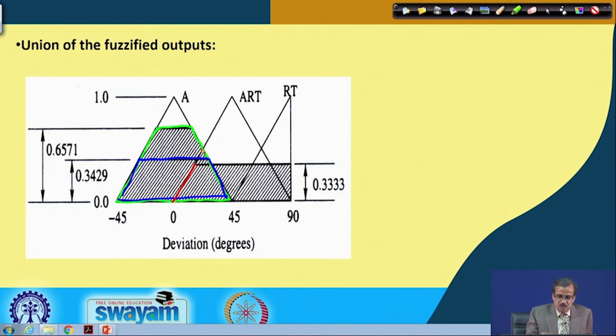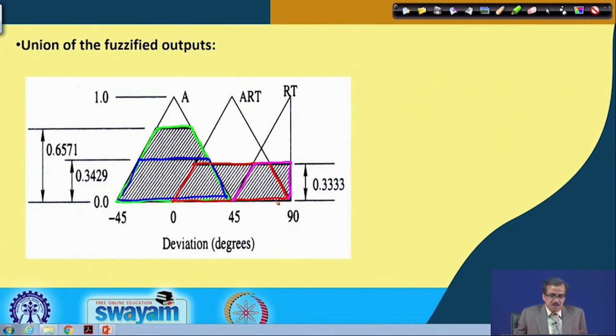So, this is another fuzzified output, and another one you can find out, which is nothing but the fuzzified output. All such things you will have to superimpose to find out what should be the fuzzified output considering all the fired rules.